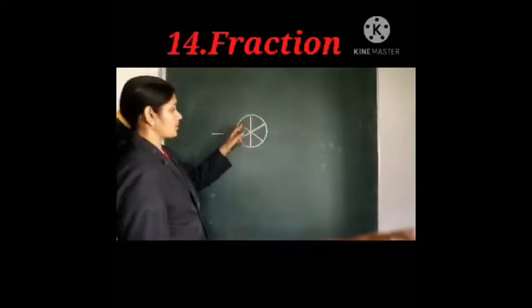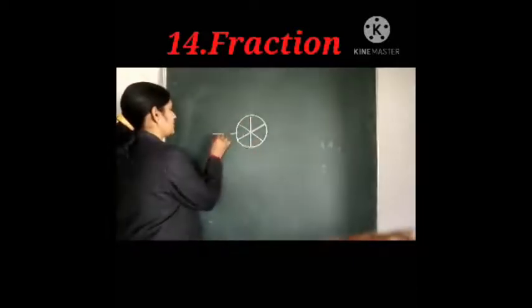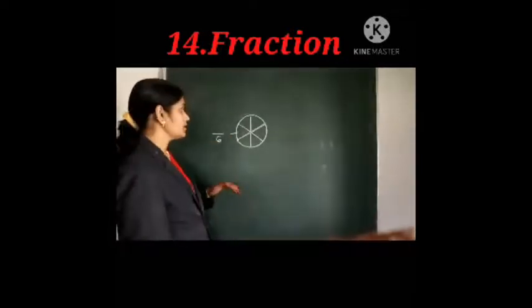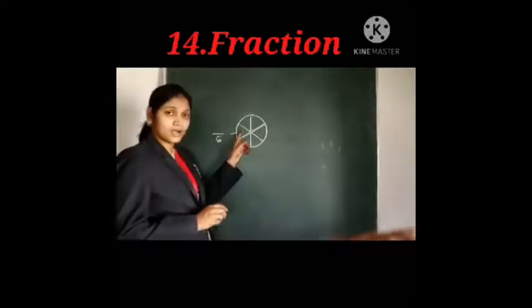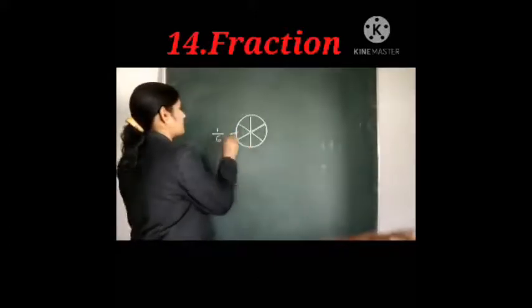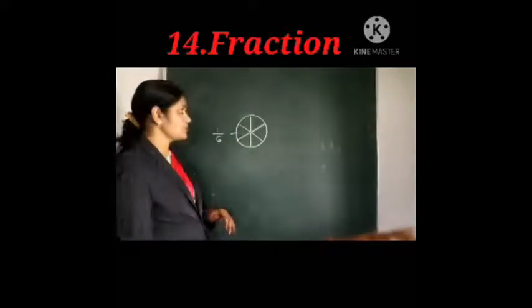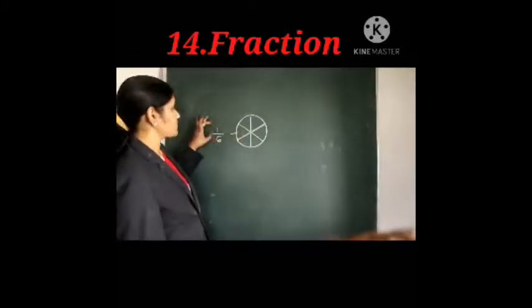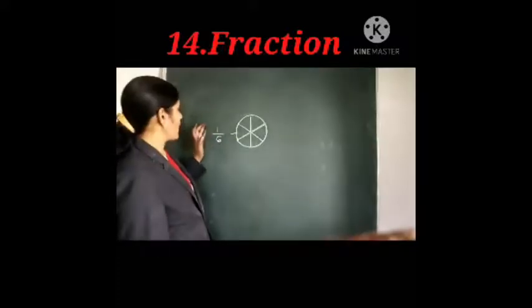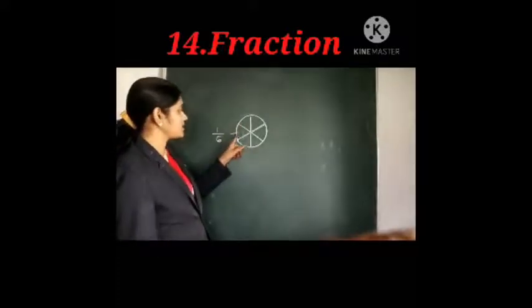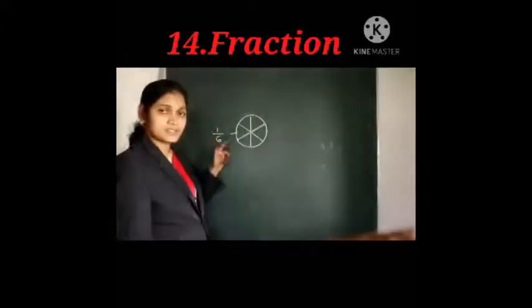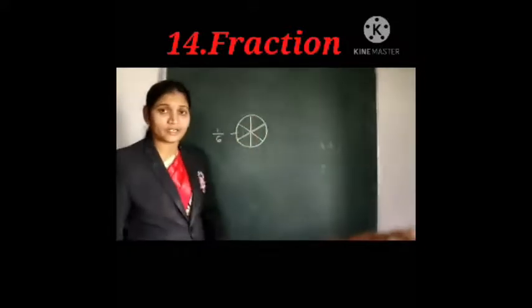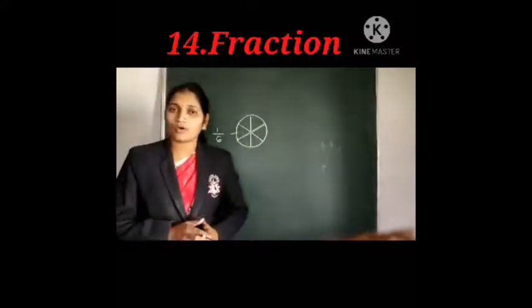The total number of parts we write downside of a line, and the one part we write upside. So the value of one part of the whole is 1 upon 6. So as a fraction we can write this one part as 1 upon 6. So each friend or each child will get 1 upon 6 part of the whole.